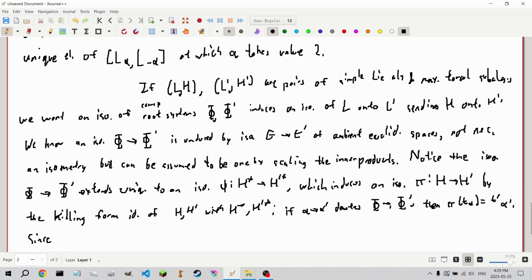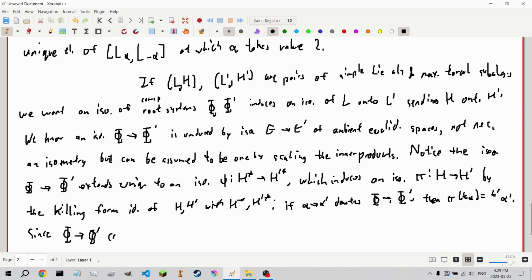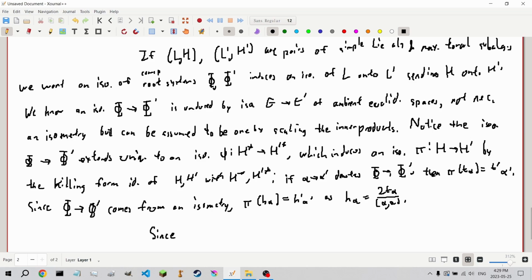And since this map comes from an isometry by force, we have that pi of h_alpha is equal to h'_alpha', as h_alpha is, recall, just 2t_alpha over the form of alpha with itself. Since H and H' are abelian Lie algebras, you can regard pi as an isomorphism of Lie algebras.